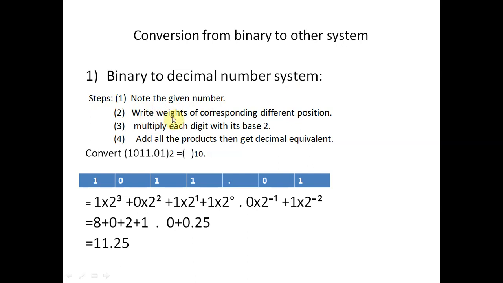Second step, write the weights of the corresponding different positions. Multiply each digit with its base 2, because binary has a base of 2. Add all the products, then we get the decimal equivalent.